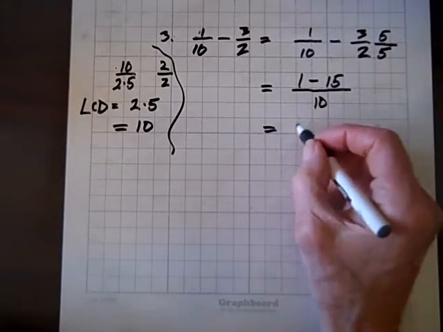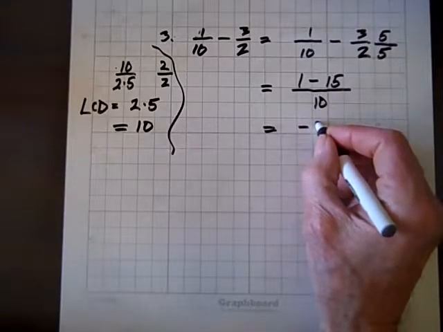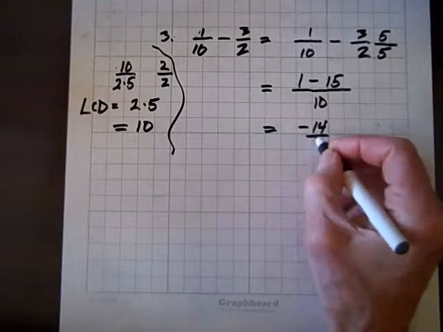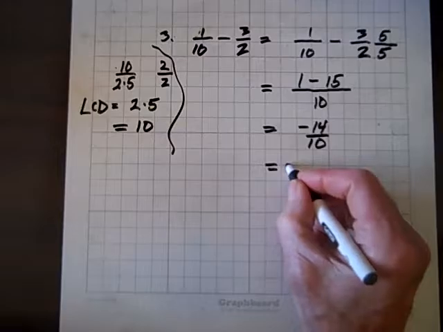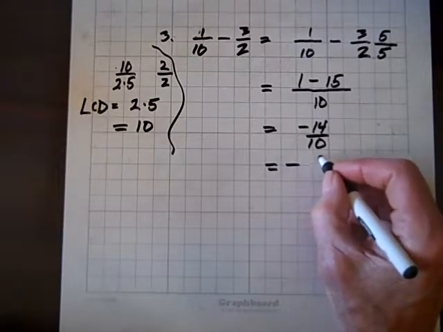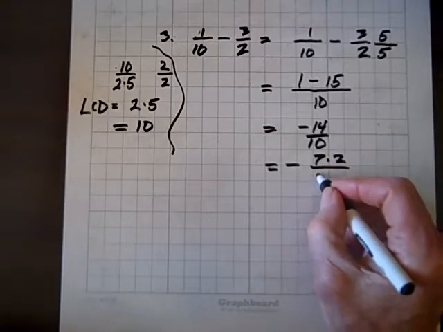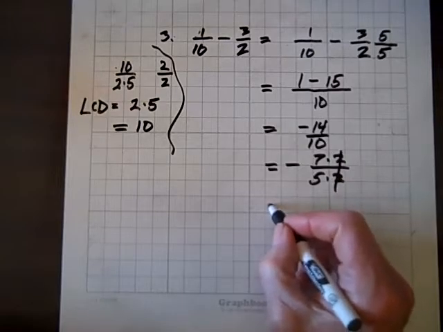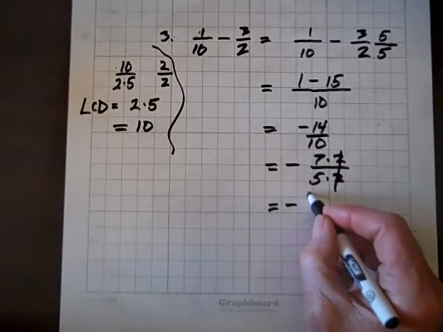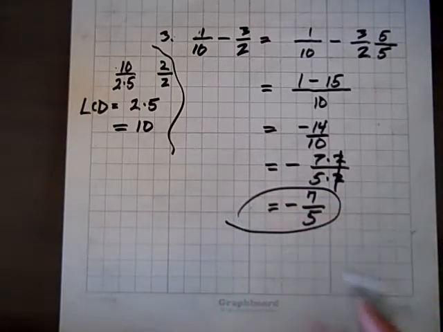And so now we have 1 minus 15 is negative 14 over 10. And that will reduce. I'll stick the negative out here because that's 7 times 2 over 5 times 2, and the 2's divide out. And now we get negative 7 over 5. And we're done. And that takes care of section 0.2.